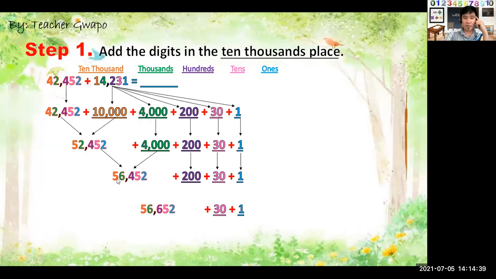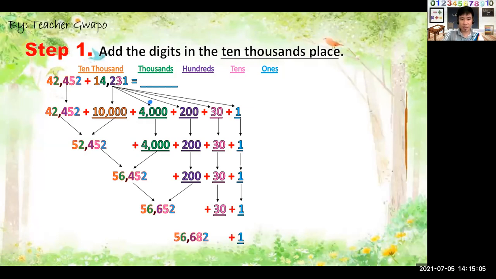So we have 56,000 here, the same. And the 4 here becomes 6. Why? Because 400 plus 200 becomes 600. So we have here 56,652. And then continue with plus 30 plus 1.